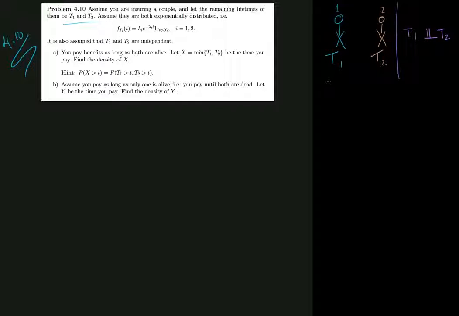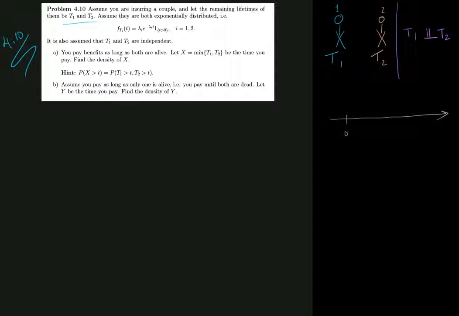What are we asked to find? Well, you pay benefits as long as both are alive. So what does that mean? That means if we are the insurance company, then let this be the timeline.